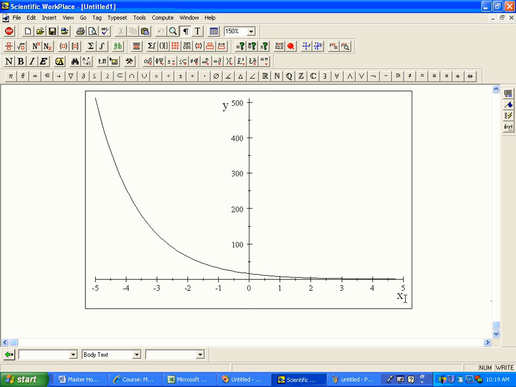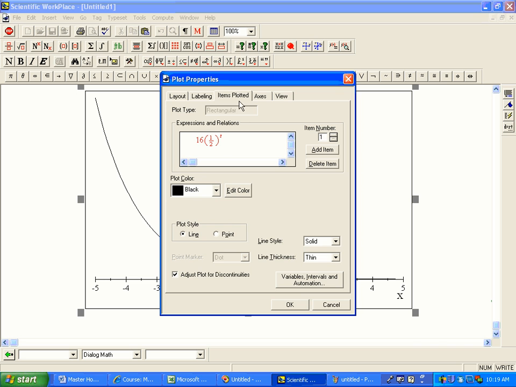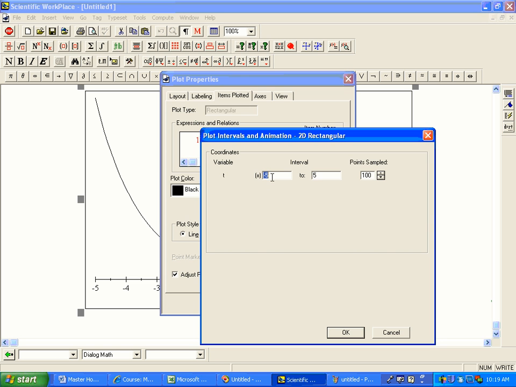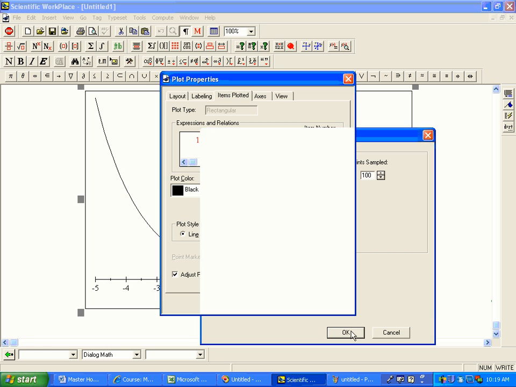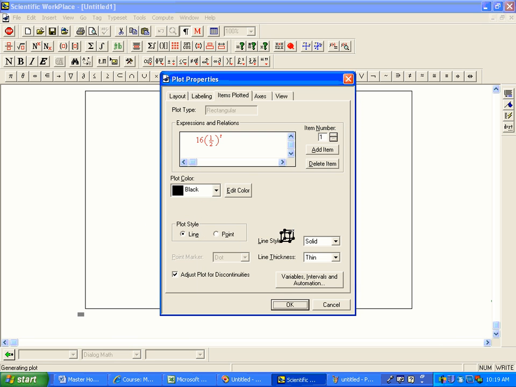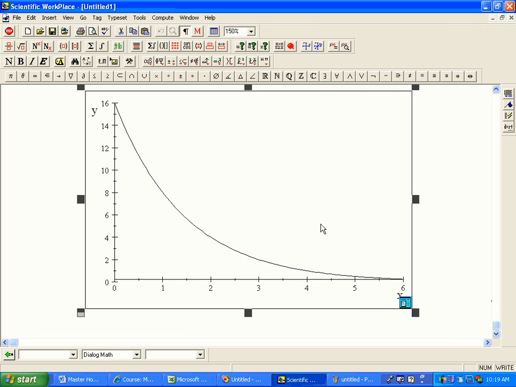It plotted it for negative values, so let's just change the plot here a little bit. Let's take that from 0 to like, well, 0 to 6, say. I don't know why it ends up so big. Oh, because I've got the magnification on. Okay. So here is that starting at 16 and going down, down, down in 6 years.